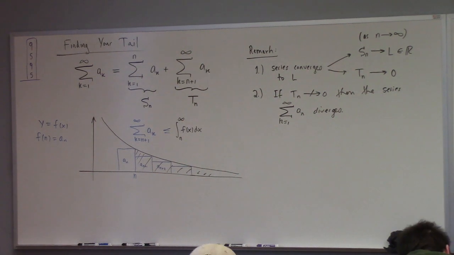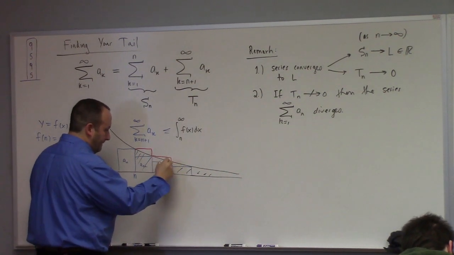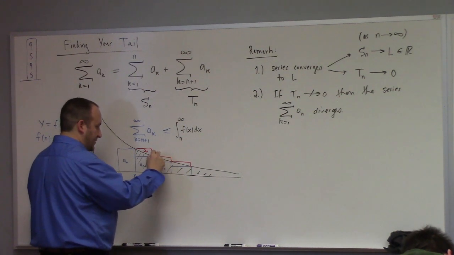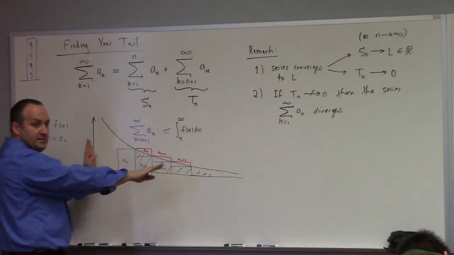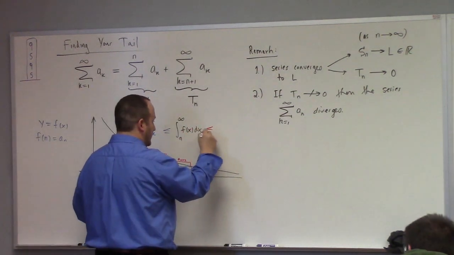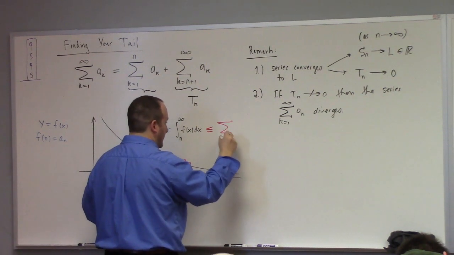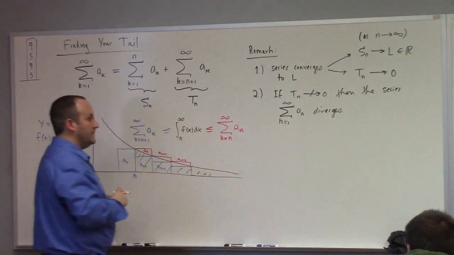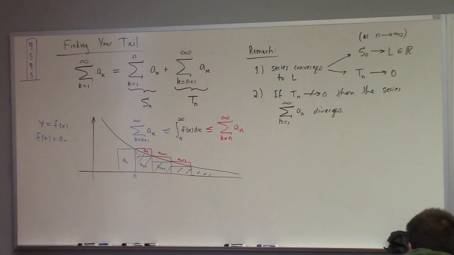Okay, so what's above the improper integral? I mean this one, this stair step. What's this? This is a sub n, and then this one's a sub n plus 1, this one's a sub n plus 2, and so forth. That's clearly above the curve. And so this is an upper bound on the tail of the improper integral. In particular, this is the sum k equals n to infinity of a sub k. And so in my newfangled notation for the tail, this gives us a bound.